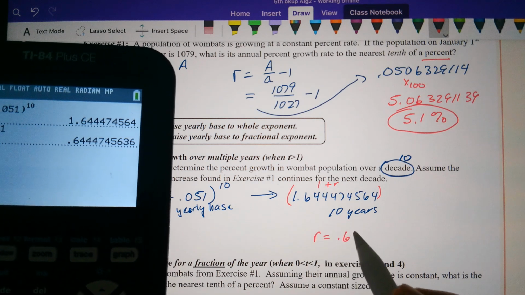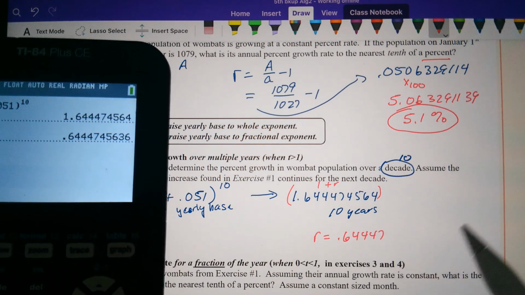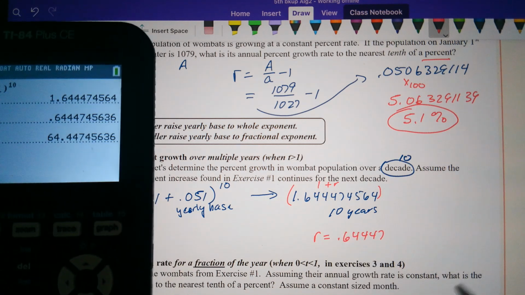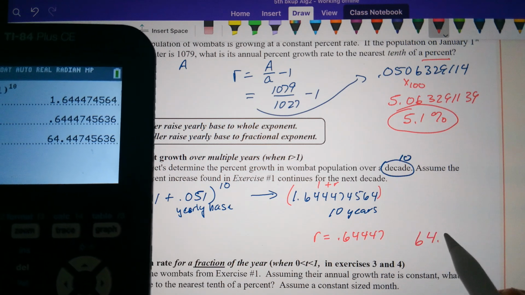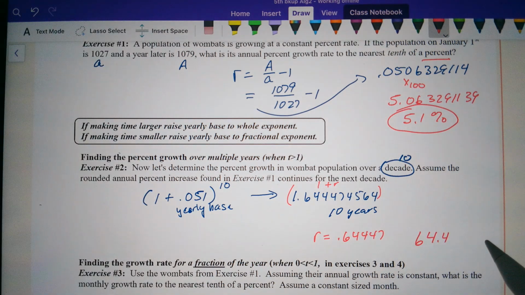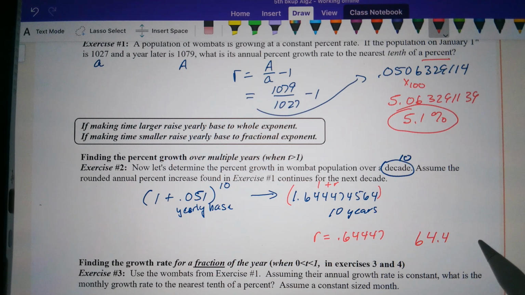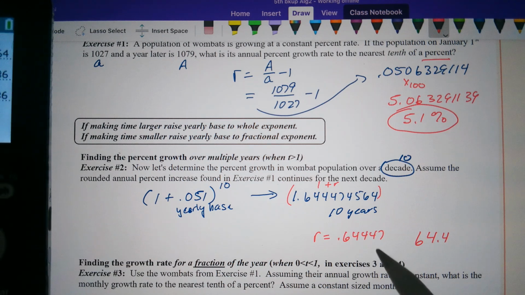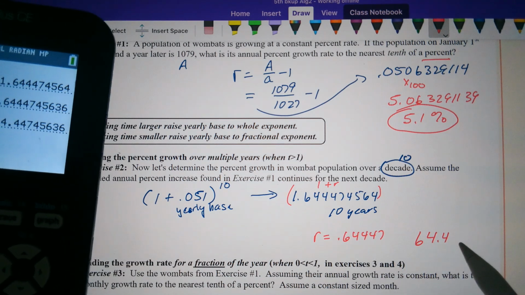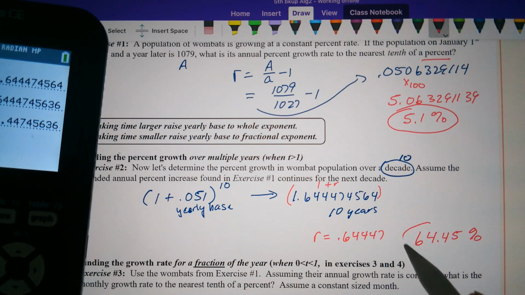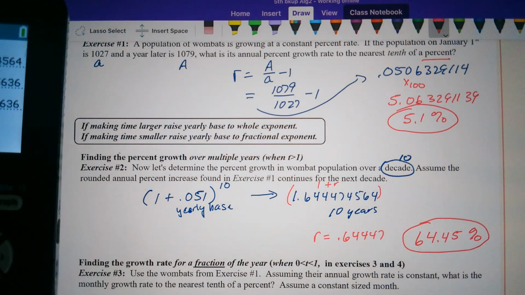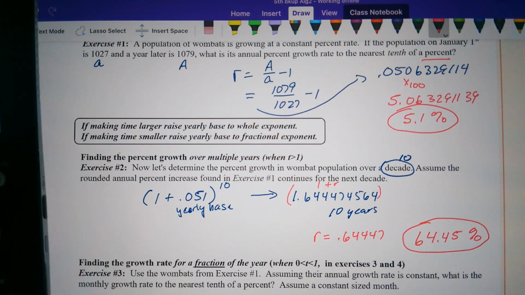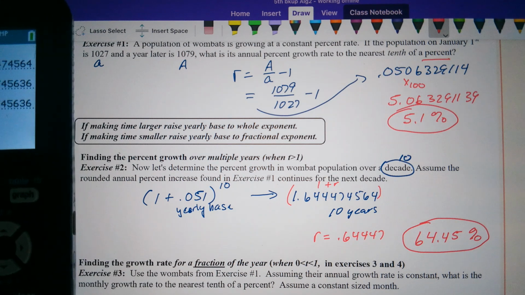So R is equal to 0.64447, and so on, and we want this as a percent, so we times it by 100. 64.4, to the nearest, it doesn't say. We'll go to the nearest hundredth of a percent. So the rate for 10 years would be 64.45%, when the rate for 1 year is 5.1%.